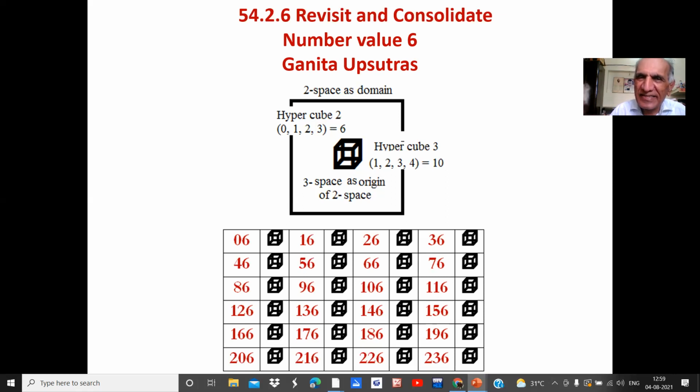Number value 6 and Ganita Sutras are interconnected, so much so that in 24 steps, 4 space has dimension of a 6 space, making a dimensional frame of 6 creative dimensions of 6 space.